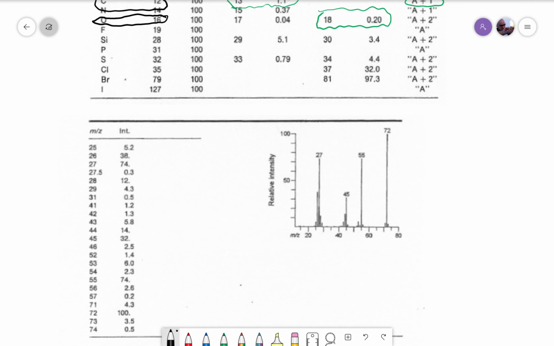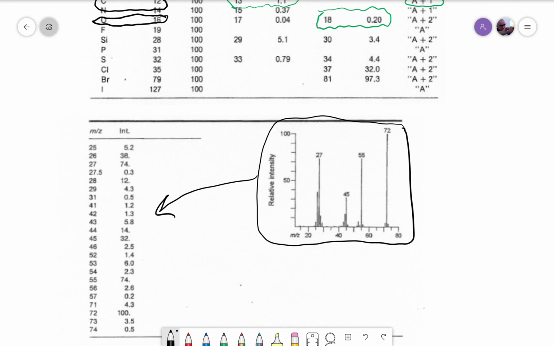Let's look at this example. Here is a mass spectrum. These are the peaks which are generated from these mass intensities. This is simply a tabular form of the peaks that you see in the spectrum. If we look at this mass spectrum, the first thing we will notice is that the molecular weight equals 72.